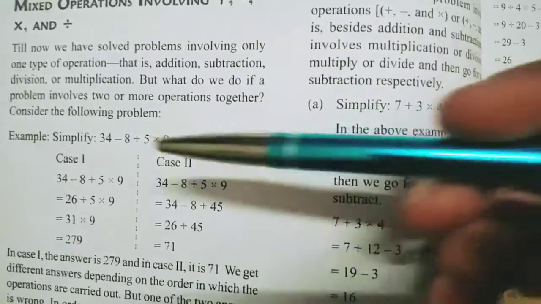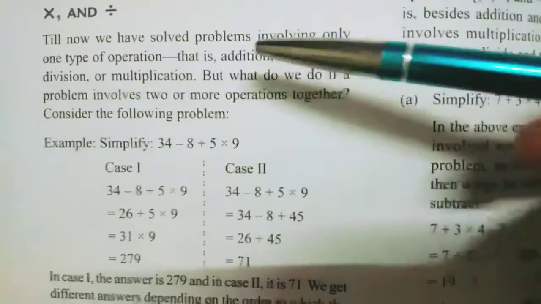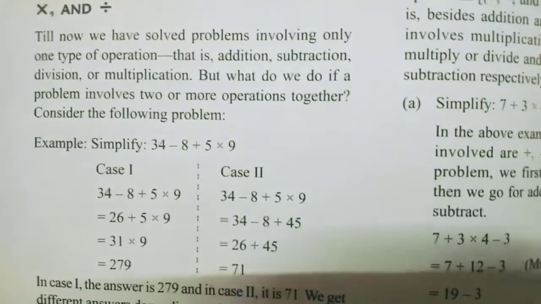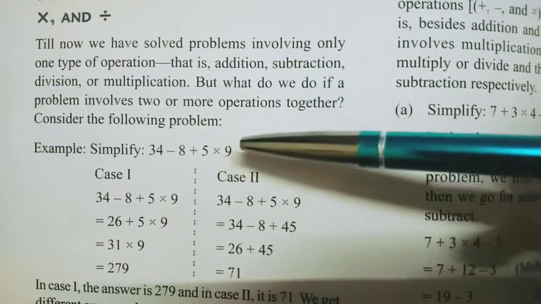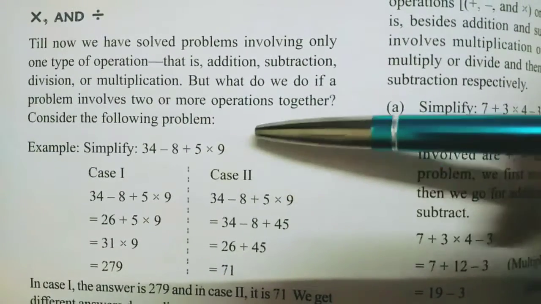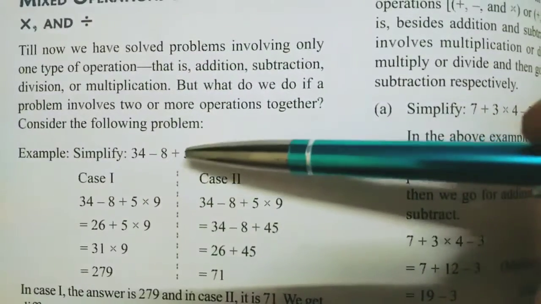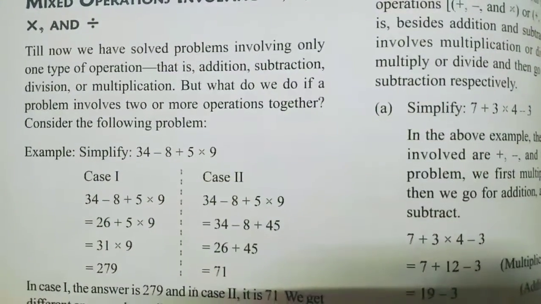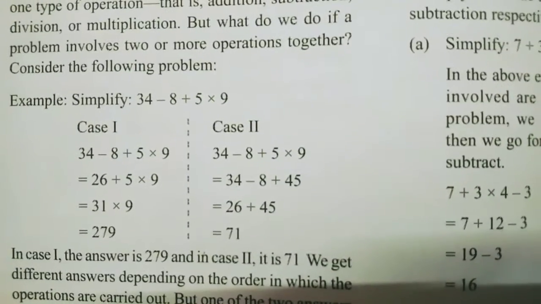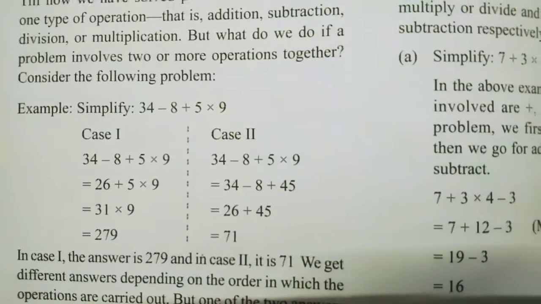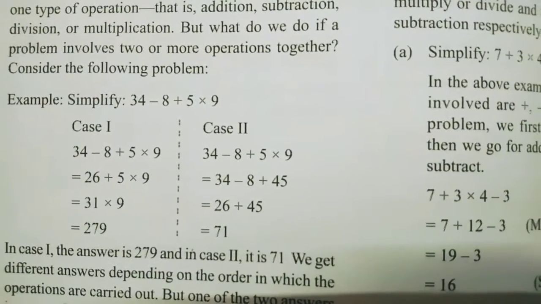Like you can see here, this example: simplify 34 minus 8 plus 5 into 9. So how many operations are there? First of all subtraction, then addition, then multiplication. So how can we solve this when many operations are involved in an expression, in a question?